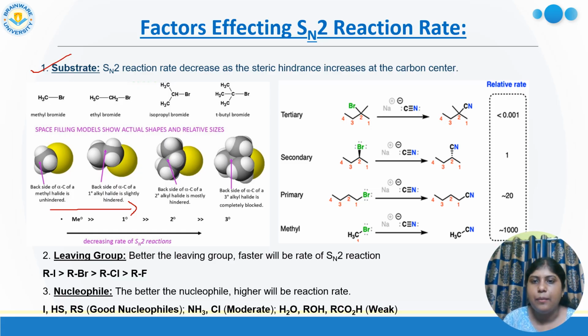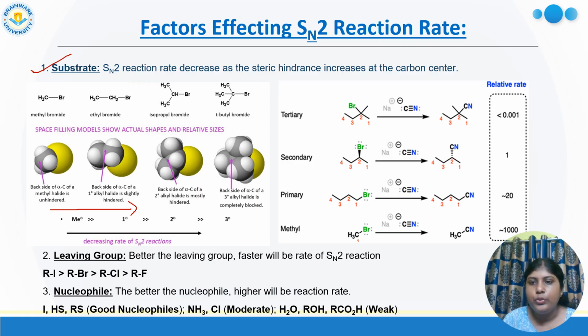Here are some examples. Here CN minus is the nucleophile and it can replace the bromine atom. Suppose CH3Br. In case of this reaction, the relative rate is almost 1000.